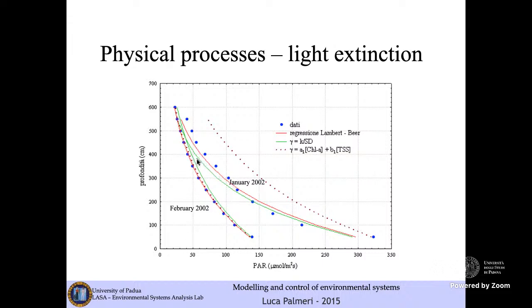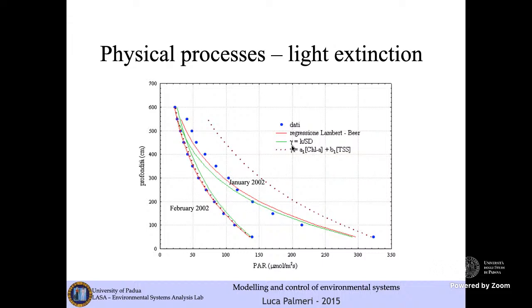For example, this is a turning point at our latitudes in which we have the first bloom of primary production between January and February. So what you see is that the photosynthetic active radiation becomes more and more dependent on the depth as the algal bloom proceeds.